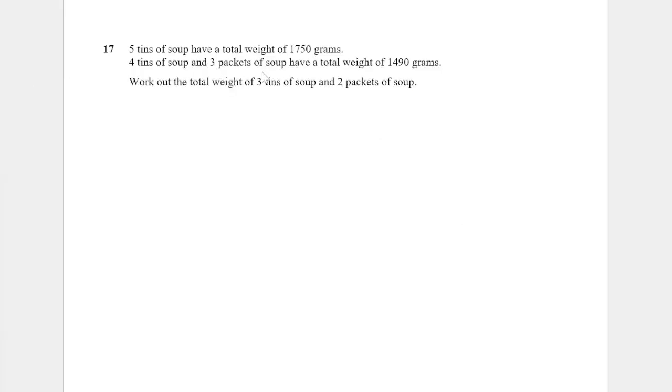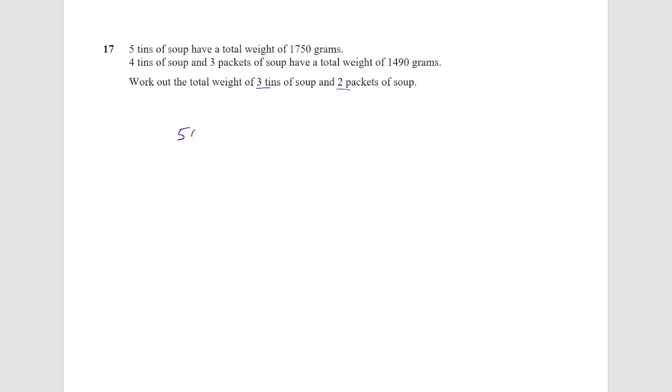Okay, question 17. 5 tins of soup have a total weight of 1,750 grams. 4 tins of soup and 3 packets of soup have a total weight of 1,490. Work out the total weight of 3 tins and 2 packets of soup. Okay, so I'm going to use a little bit of algebra. So I'm going to say t's and p's.